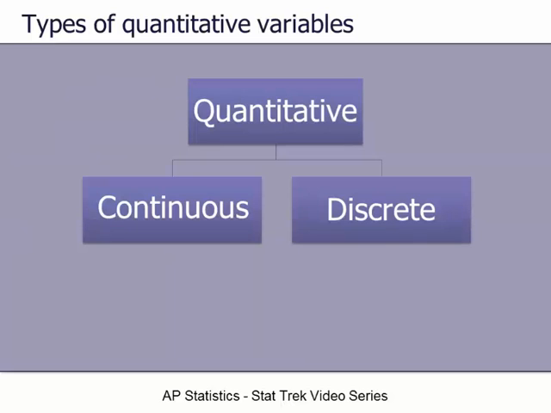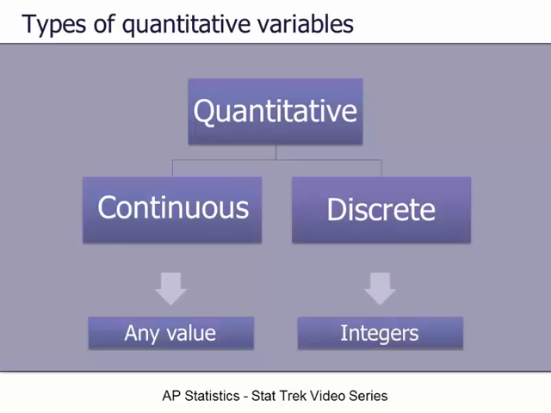Continuous variables can have any numeric value between their minimum value and their maximum value. Discrete variables can have some, but not all, of the values between their minimum and maximum. A variable that could only have integer values would be an example of a discrete variable.